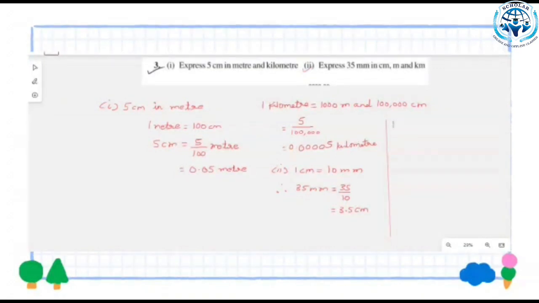Now in meter, 1 meter has 1000 millimeter. So we will divide 35 by 1000. So putting the decimal, we will get 0.035. That means 3 digits after decimal, same as 3 zeros in the denominator.